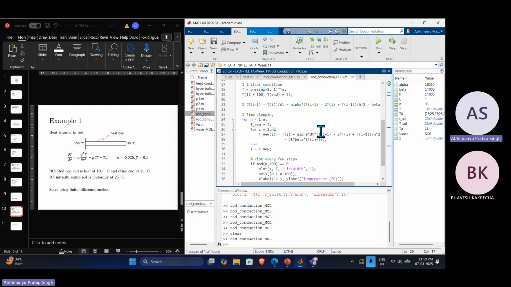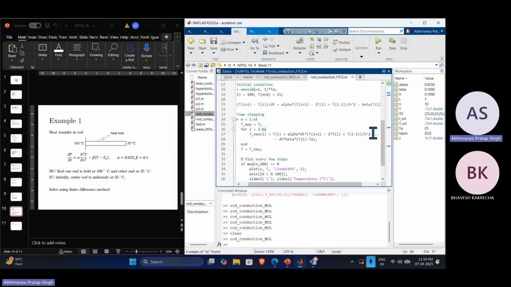So basically, what I have just mentioned, this Ti we get is Ti plus alpha times dt, this is my central difference divided by h square, minus dt times beta and then Ti minus Ta. This all is same, and then I get this Ti.